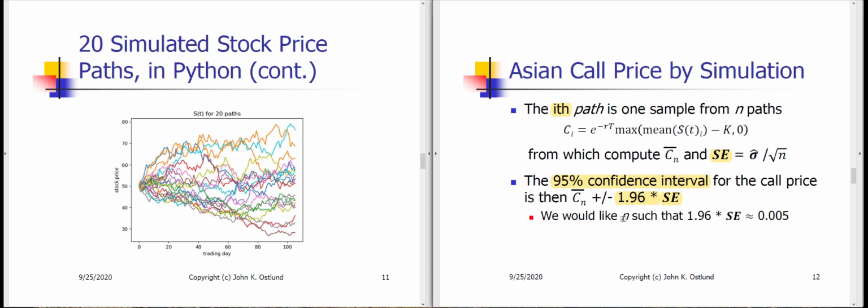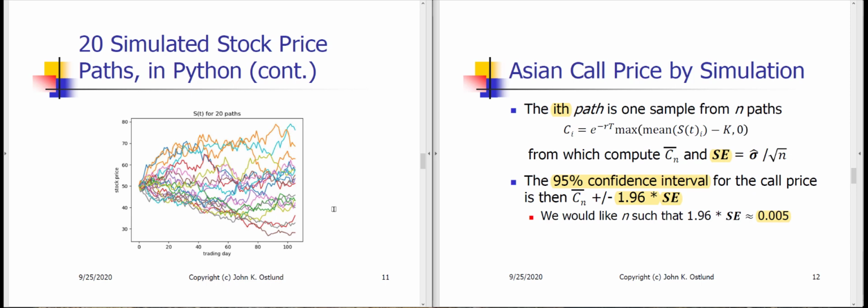So we can choose a sufficiently large n in order to satisfy, at least in theory, any confidence interval that we would like. Now I say in theory because in practice on your computer, if you choose an n that's too large, you may not be able to allocate enough memory to actually do the simulation.